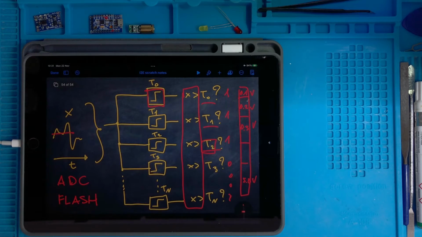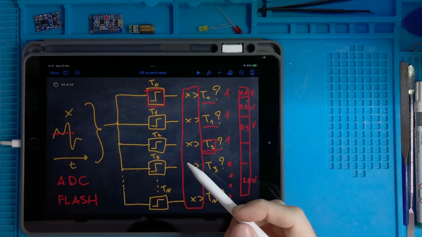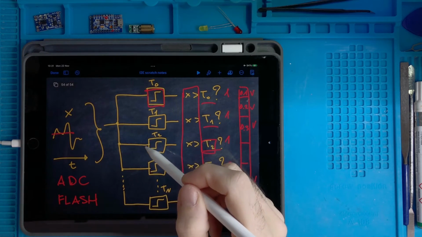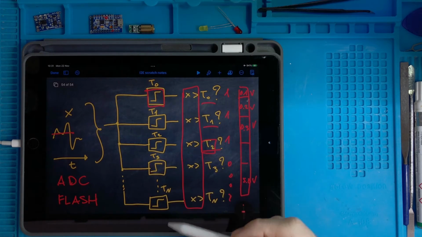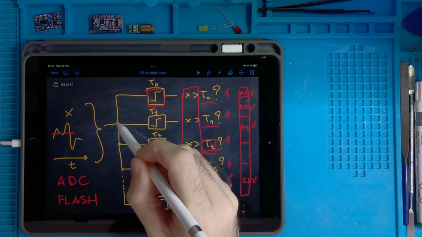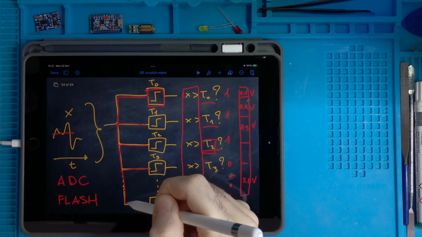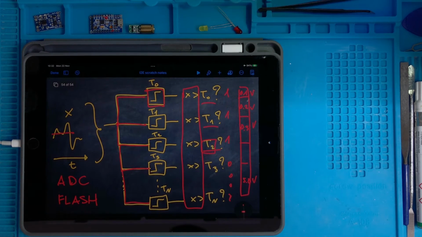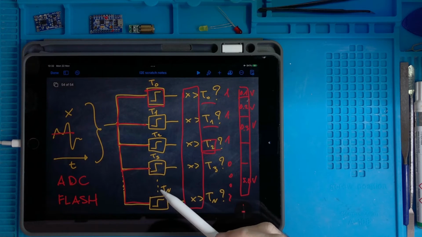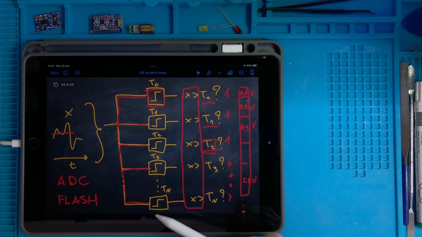We can have very fast amplifiers, threshold amplifiers, and the interesting thing is that all those amplifiers are all working in parallel, because the input is split simultaneously to all of them, and so we don't have to wait so much time.